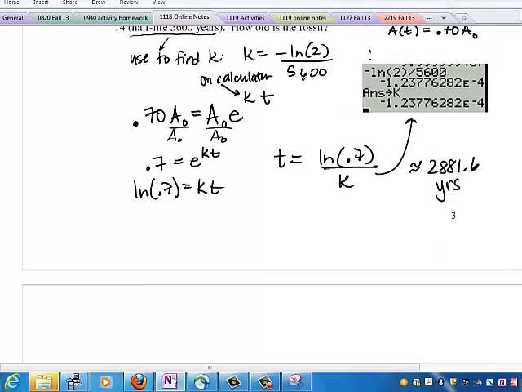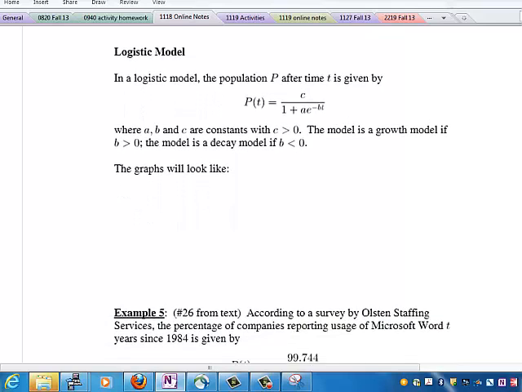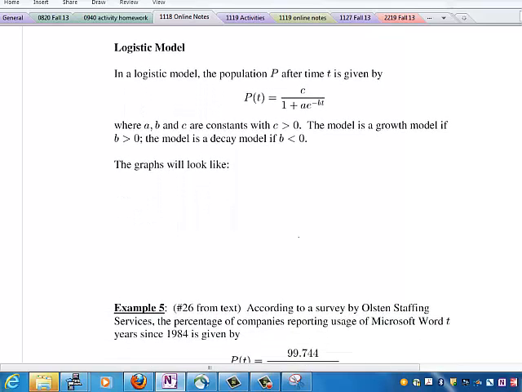All right. Then lastly, we want to look at what's called a logistic model, and we saw this in one of the other videos as well, but here's our general pattern. So if we have a function that looks like this, we've got a constant over 1 plus a e to the negative bt.